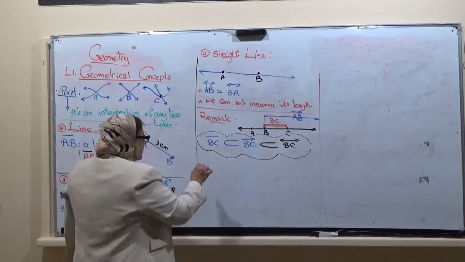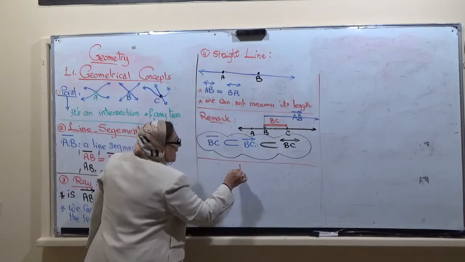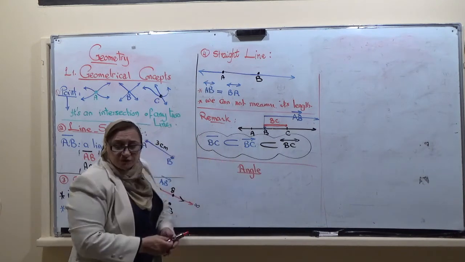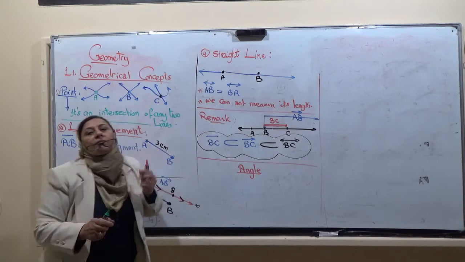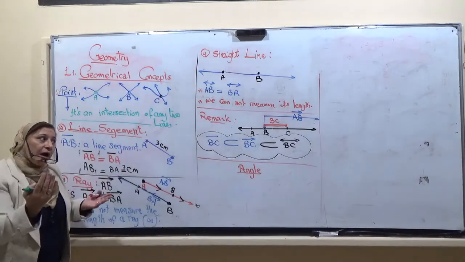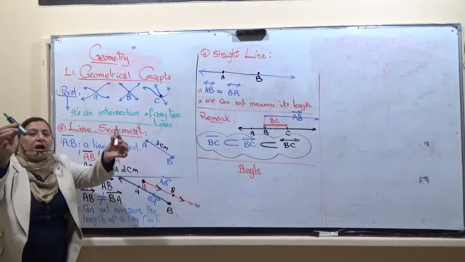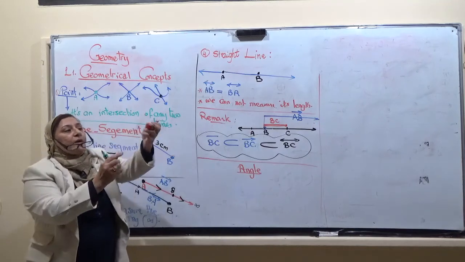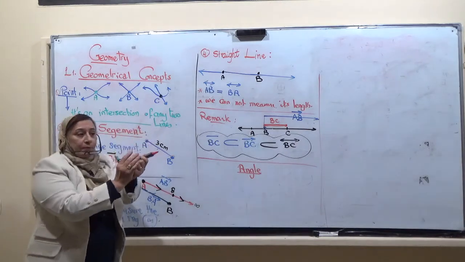Now I will talk about the angle. What does it mean, angle? What's the definition of the angle? You are given two rays. I have a ray with an initial point, but no final point. Another ray with an initial point, but no final point.